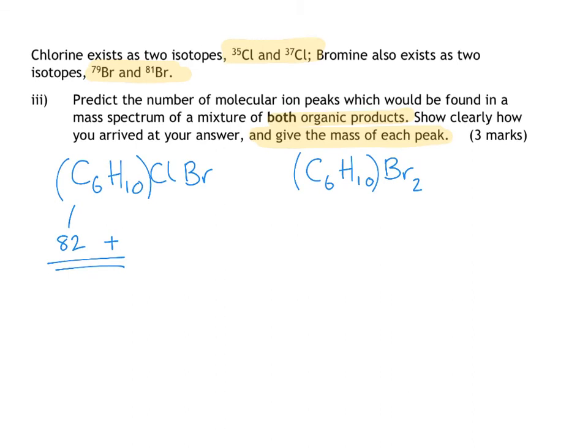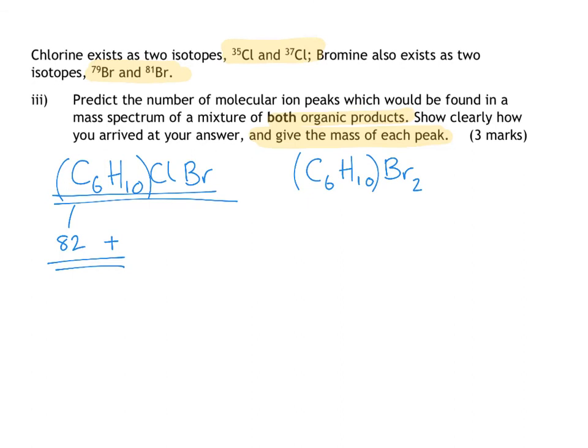So what are my options for the first molecule where there is 1 chlorine and 1 bromine? This is almost like a probability thing, although luckily they haven't given you the percentages of each isotope, so we're not doing a probability diagram. That does come up occasionally.